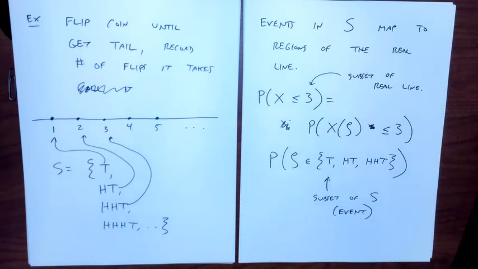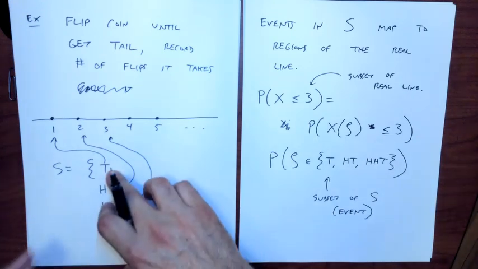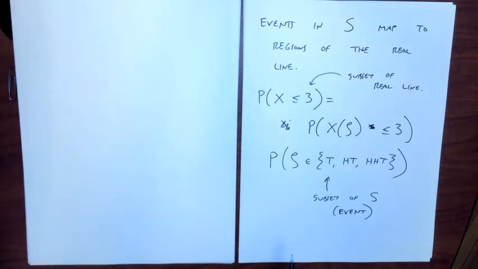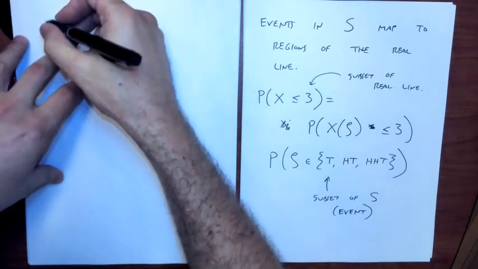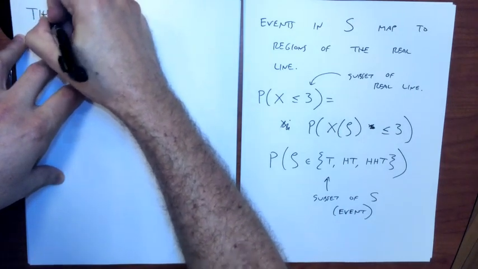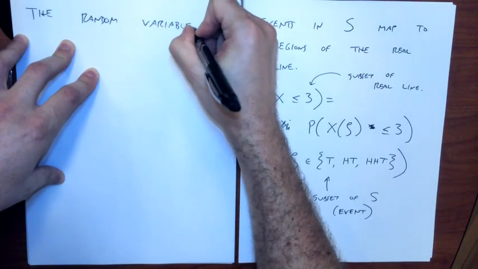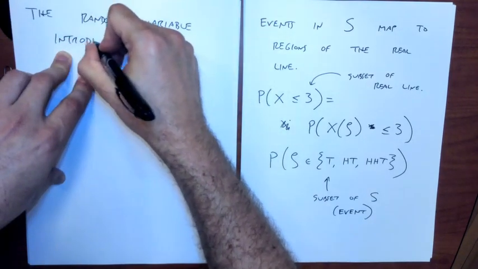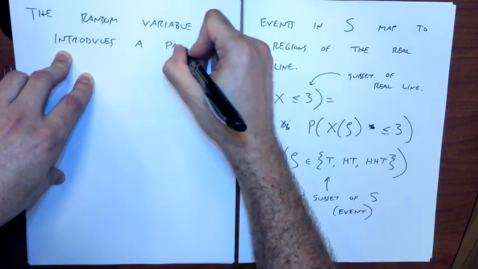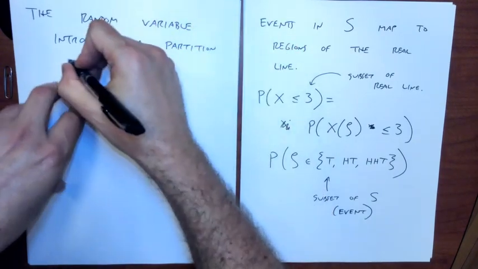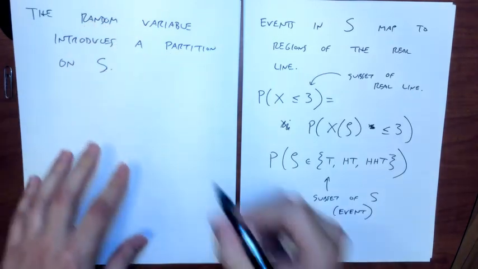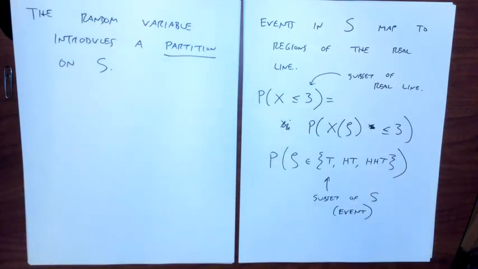And to make it even more belabored, right? So basically I could say the random variable introduces what we called a partition on S. Remember, what we called the partition was basically a bunch of subsets of S that are all disjoint, no overlap, but together make up the whole thing, right?